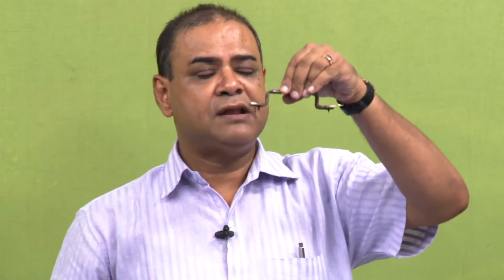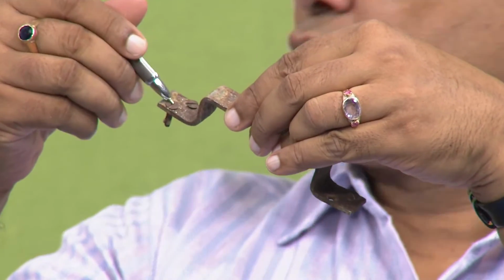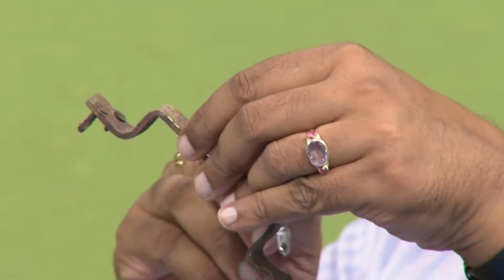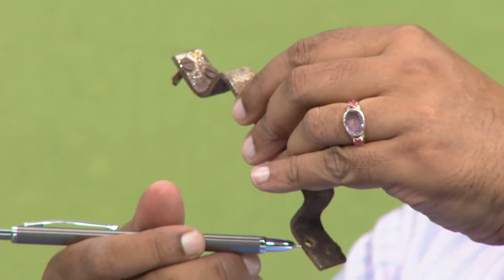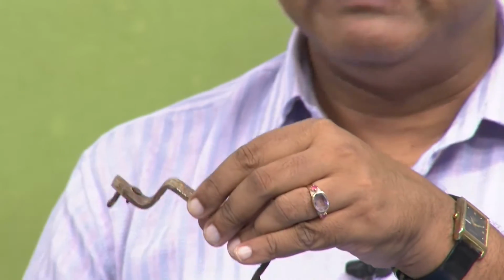Now, let us see another one. This one is more severe. This is a metal object, and there are 2 screws here and 1 screw here. Almost similar type of screw, but 1 screw is missing because when I pulled it up, it got lost.